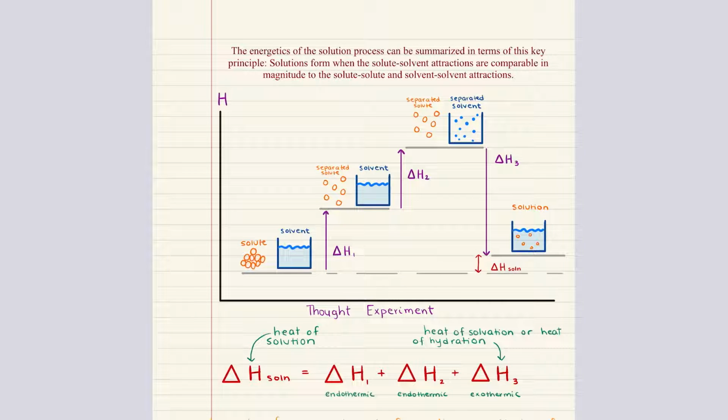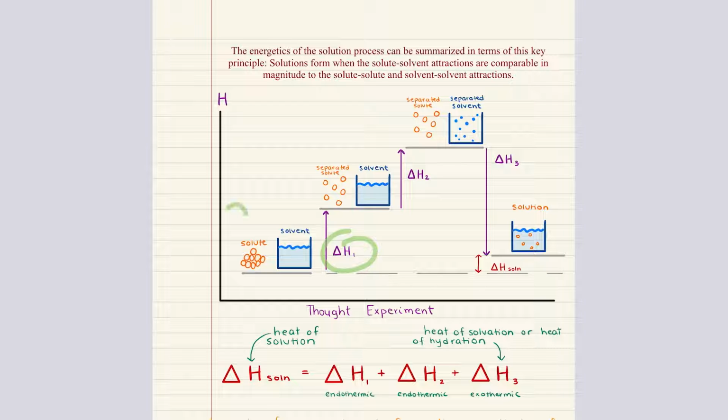The first step deals with the energy required to break intermolecular bonds. Now, when molecules or ions are held together by intermolecular forces or chemical bonds, they have lower potential energy. To separate these particles, energy is needed, making this process endothermic. It absorbs energy.